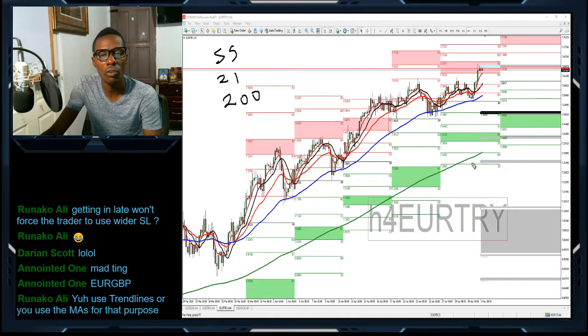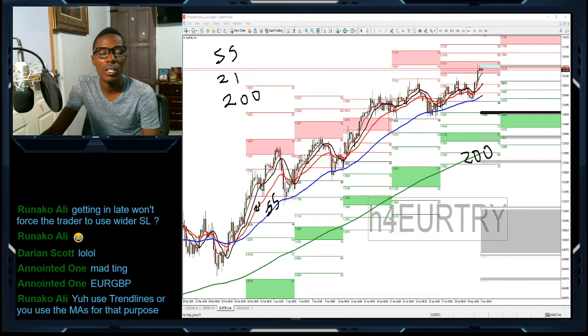This one is the 200, the green one. The blue one is the 55, sorry, my bad, and the red one is the 21.